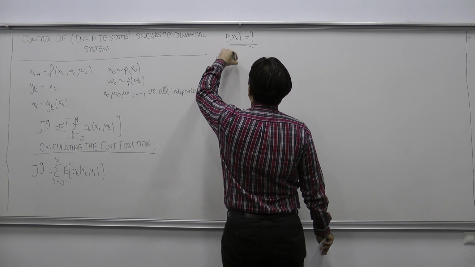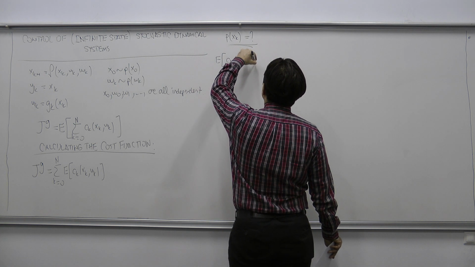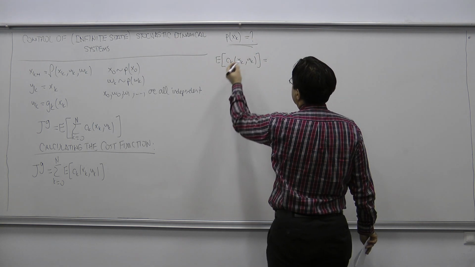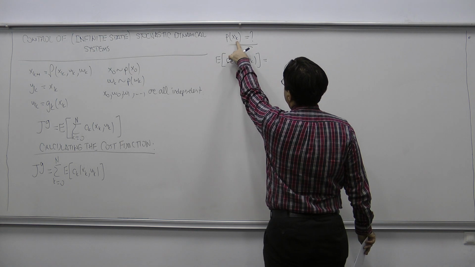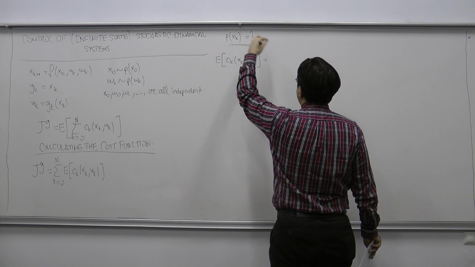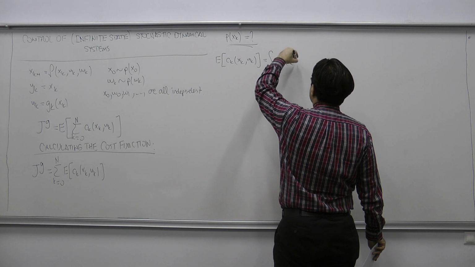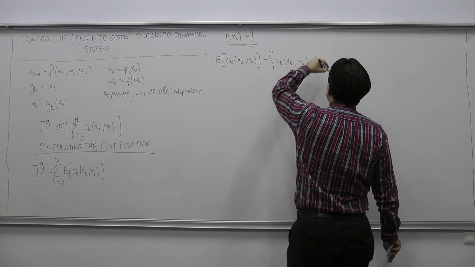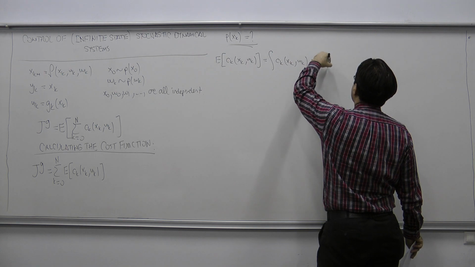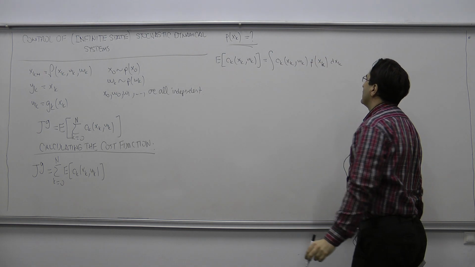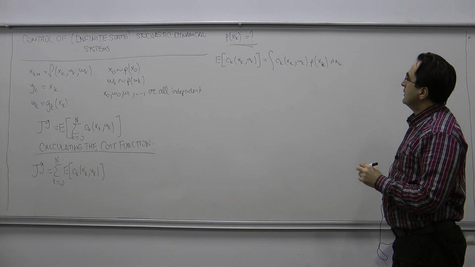Expected value of c_k(x_k, u_k) is equal to, we know that x_k is stochastic here and it's distributed with this unconditional PDF, then this can be written as the integral of c_k(x_k, u_k) and I would have p of x_k dx_k. Okay, this is the definition of the expected value.